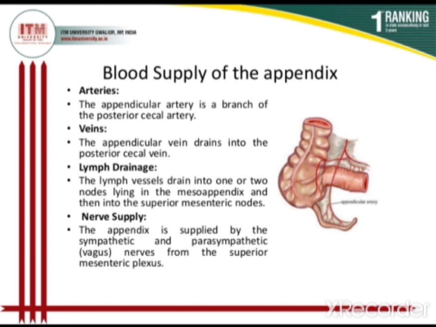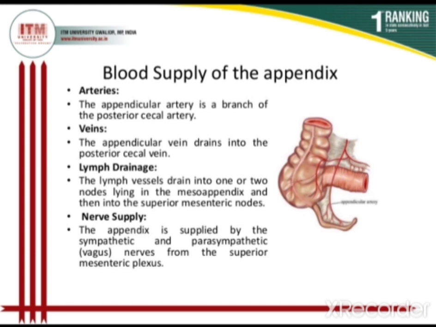The lymph vessels drain into one or two nodes lying in the mesoappendix and then into the superior mesenteric nodes. The appendix is supplied by sympathetic and parasympathetic nerves from the superior mesenteric plexus. So these are the arterial supply, venous supply, lymph drainage, and nerve supply.